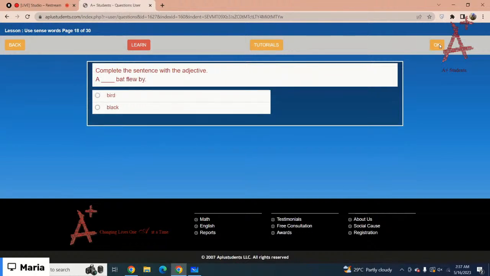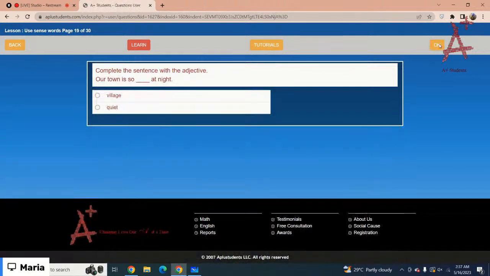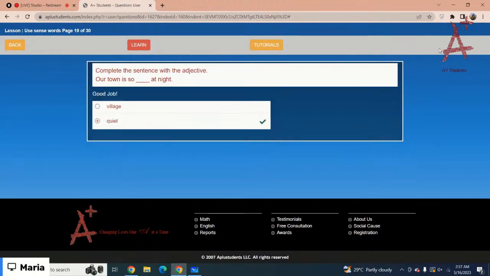A dash bat flew by. Bird or black? A black bat flew by. The correct option is black. Our town is so dash at night. Which is the correct option? Quiet or village? Our town is so quiet at night.